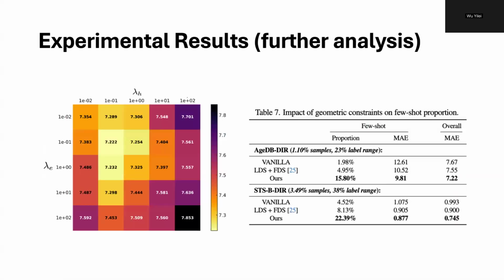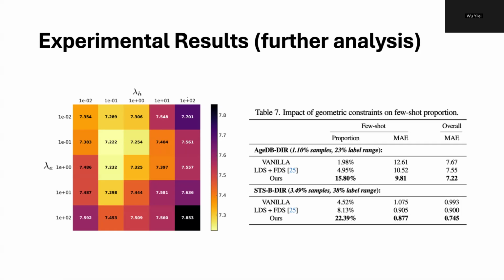Besides, we conduct an extensive ablation study to understand our method better. The heat map on the left shows how different weight combinations for our losses affect performance, which also indicates the significance of balancing the geometric properties. On the right-hand side, we calculate the percentage of different label ranges with respect to the whole feature space.